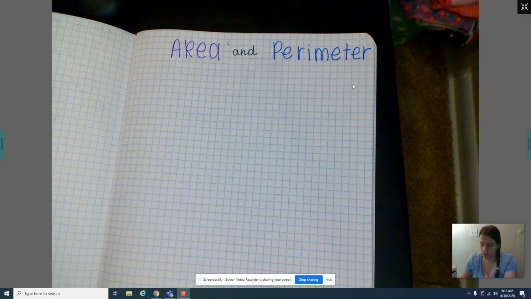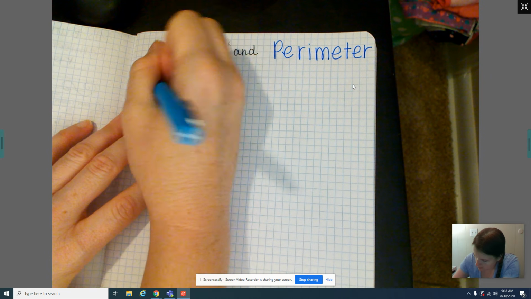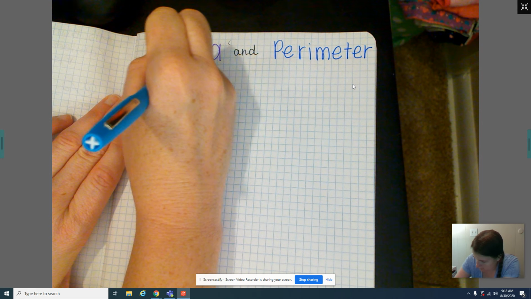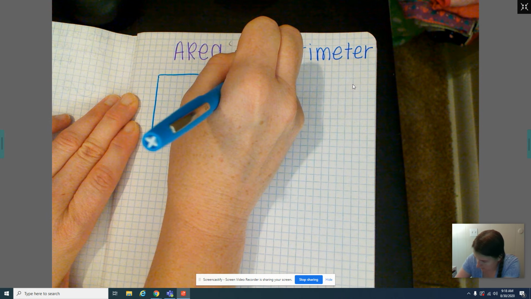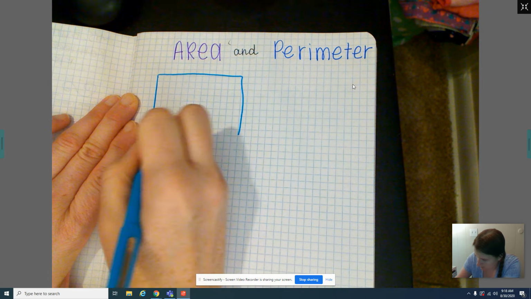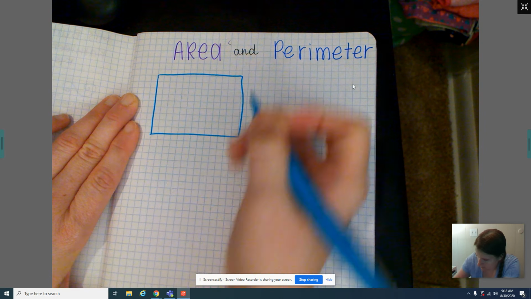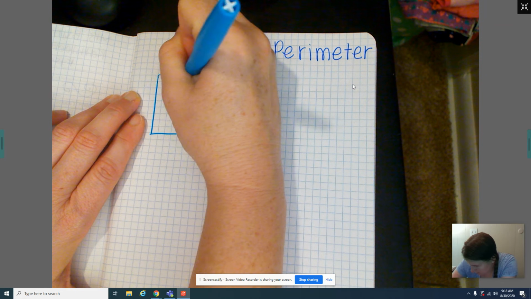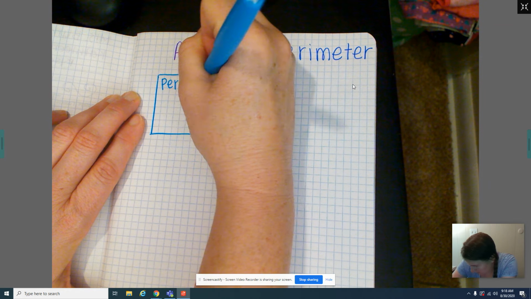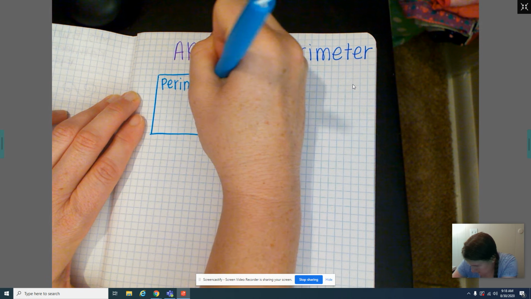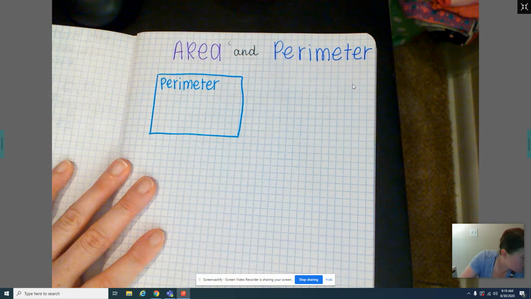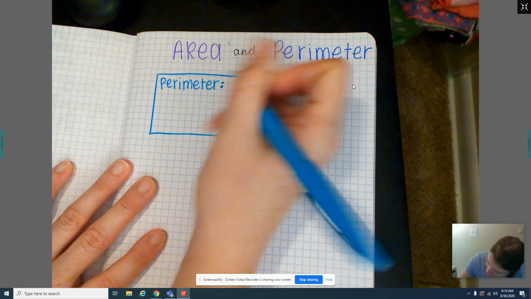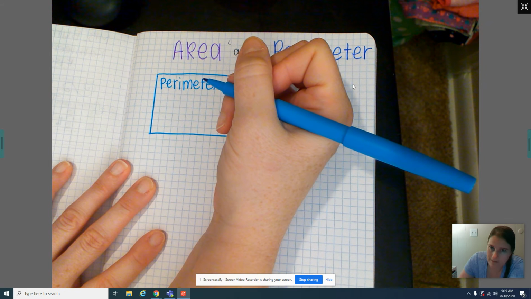Okay. So we're going to start with perimeter. I am going to draw a box and try to make yours look as close to mine as possible. I'm going to write perimeter inside the box. You remember what perimeter is?